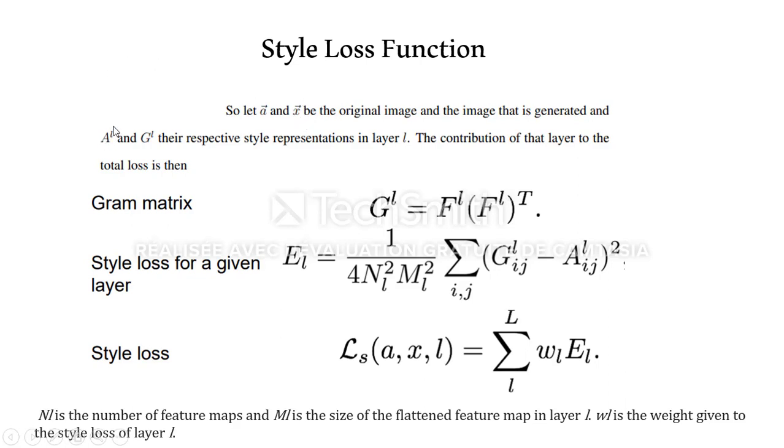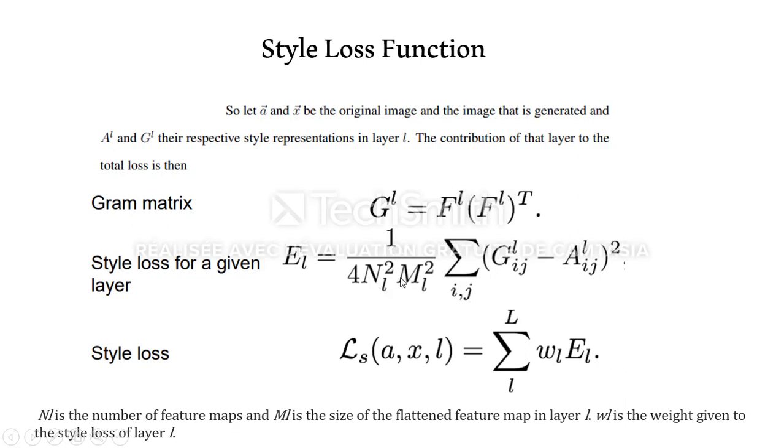Okay, A^l is going to be the style representation, or the gram matrix of my layer L of my style image, and G^l is going to be the gram matrix of the image that I want to generate in the layer L. So here I'm talking about the layer L. Okay, so the style loss for a given layer is going to be the difference between my two style representations, squared.